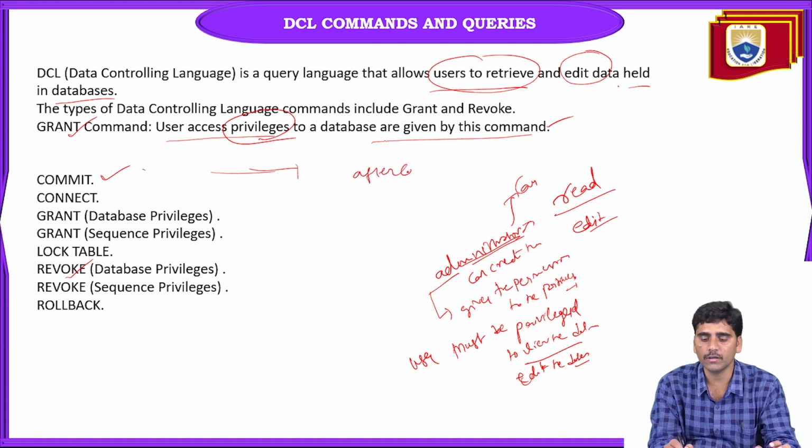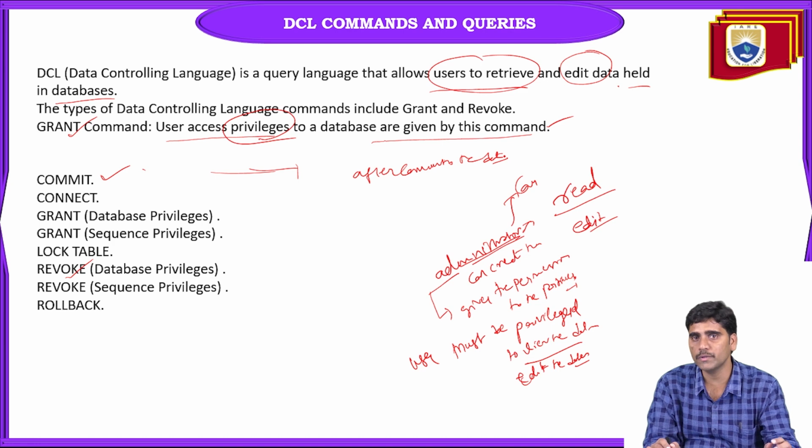Before committing, the data cannot be stored permanently. But whenever you type the commit command after performing any operations, then that data is saved permanently in the database.